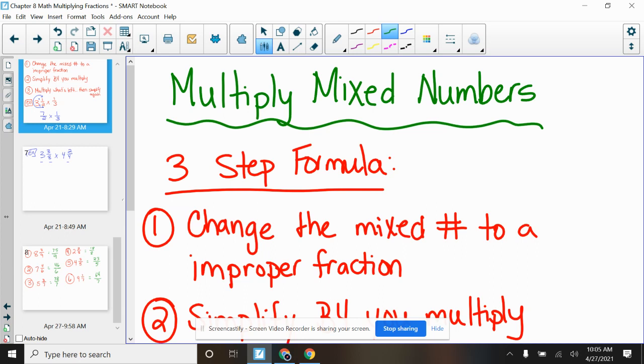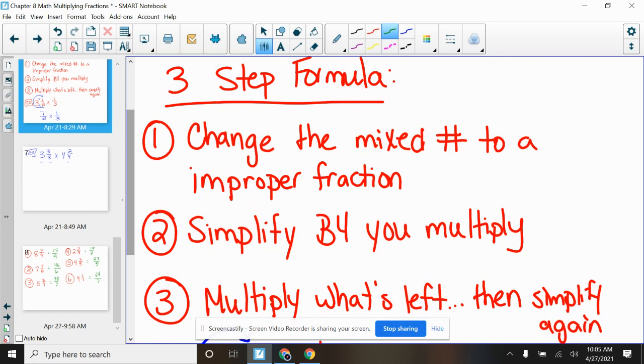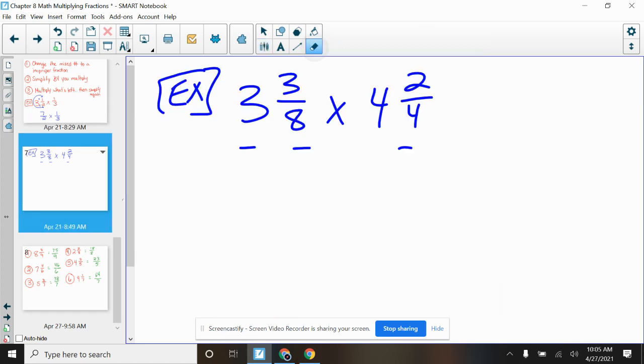So once you finish that step, then you just do what you did last night for homework, which is simplify before you multiply, and then multiply what's left and get your final answer, okay? So let's go back to this problem. Now that we know we wouldn't solve this the way we would do addition and subtraction problems, instead we have to turn this stuff into improper fractions. Let's work this thing and see what we get.